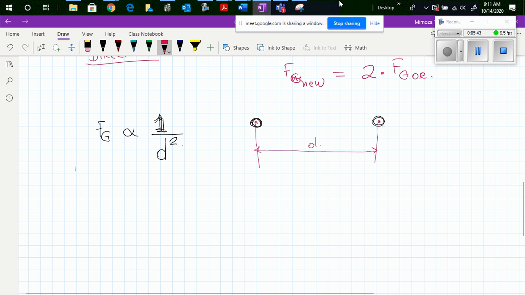Now, if you go to your calculator and enter something like this, any number, 4 over x squared, and then you graph it only on the positive axis, you will see a graph that looks like this. Go to your calculator and try it out.